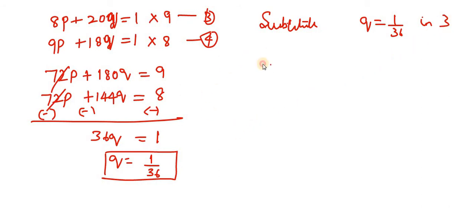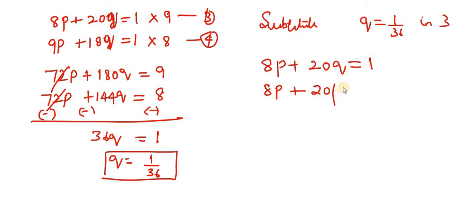Therefore 8p plus 20q is equal to 1. So here 8p plus 20 into 1 by 36 is equal to 1. Simplify this: 20 divided by 36 is nothing but 5 by 9. So 8p plus 5 by 9 is equal to 1.